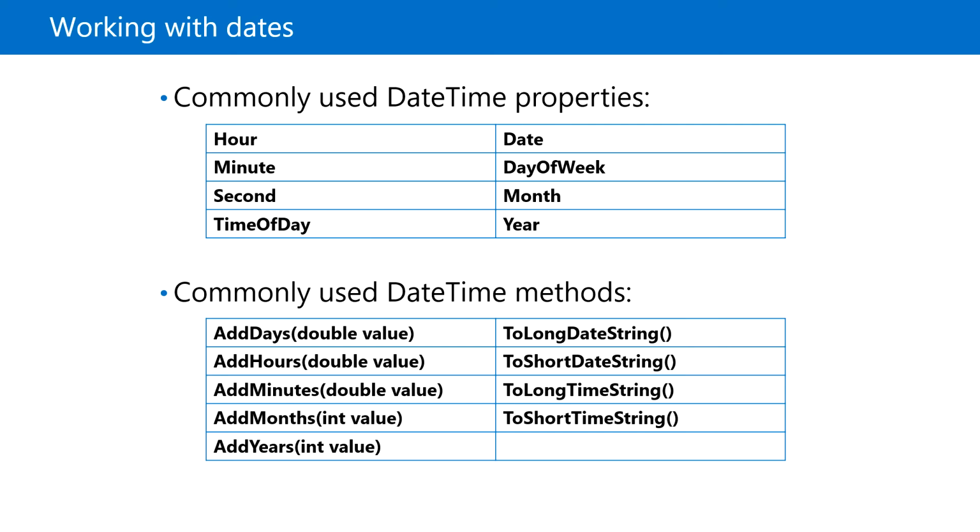So in case you wanted to add or subtract, we can use the methods available for the datetime. Here I have mentioned some of the methods: AddDays, AddHours, AddMinutes, AddMonths, AddYears.